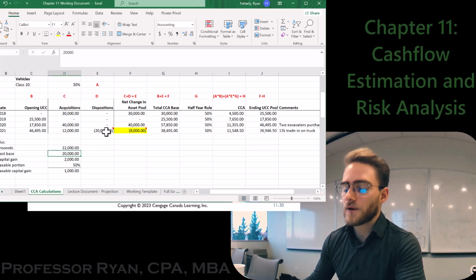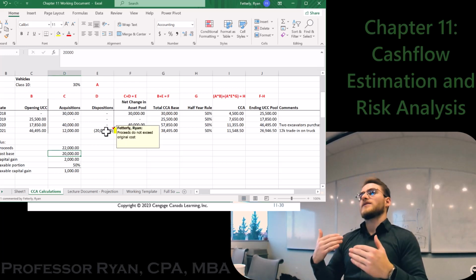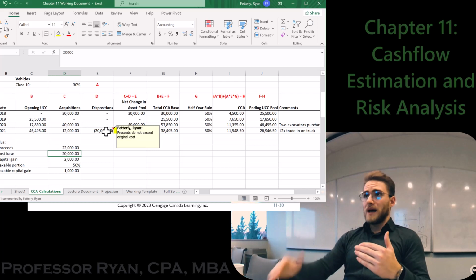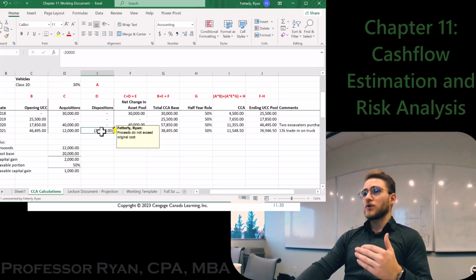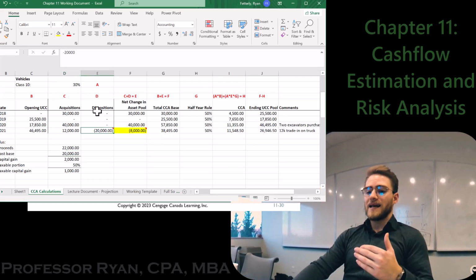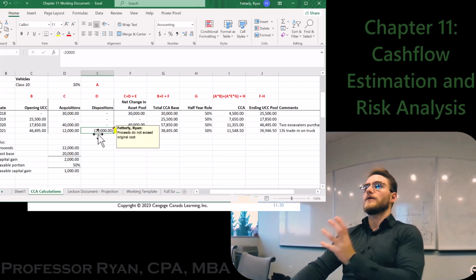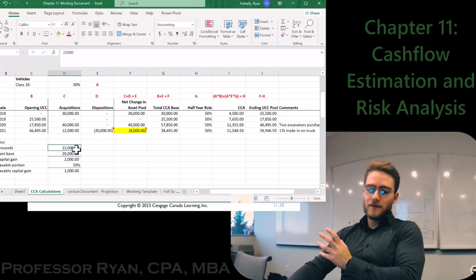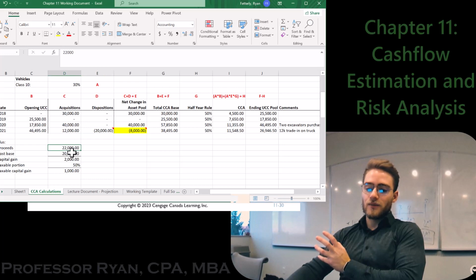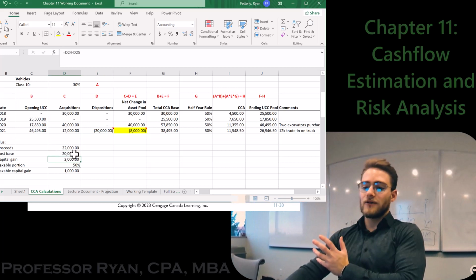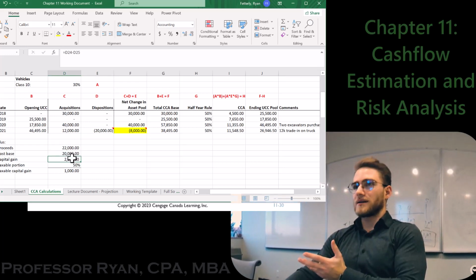For CCA purposes, you can't dispose of a piece of equipment for more than what you paid for it. Because we only paid $20,000 for it, we can only take out proceeds of $20,000 out of the pool, okay? The remaining extra, the $22,000 proceeds that we got minus the $20,000 in original cost, is a $2,000 capital gain.